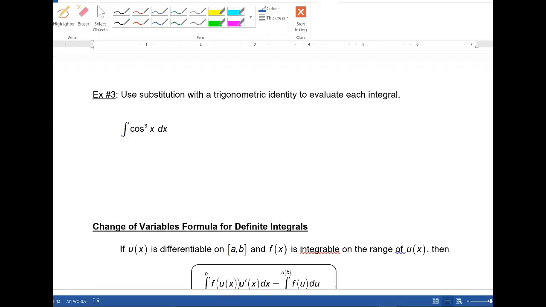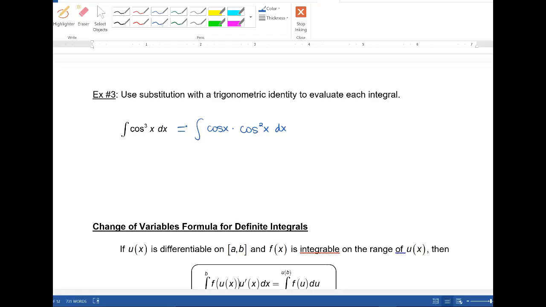Okay, using substitution with a trig identity to evaluate each integral. So I have cosine to the third of x. So what I want to first do is I'm going to rewrite this as cosine of x times cosine squared of x. Now, in order to integrate sine or cosine, we want to have sine or cosine within the integrand.